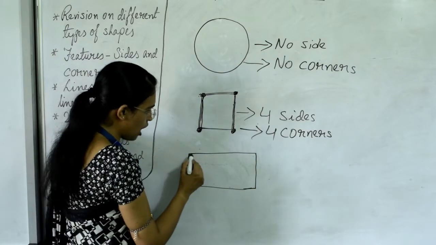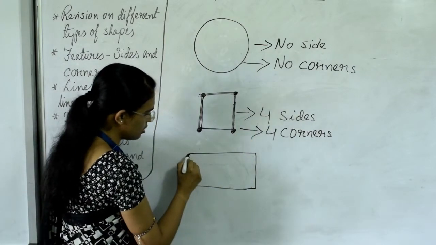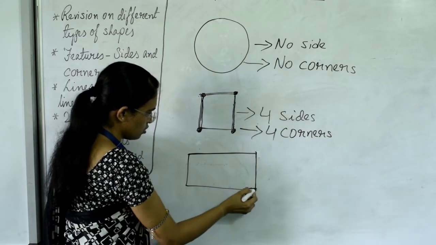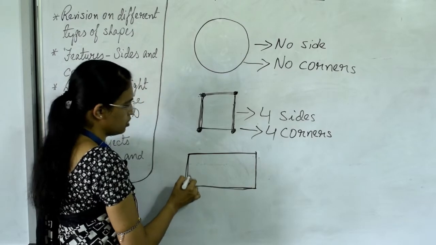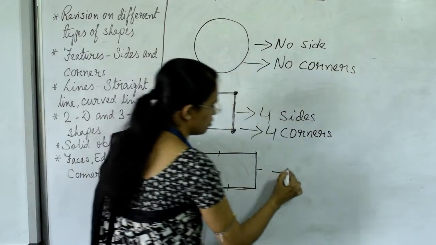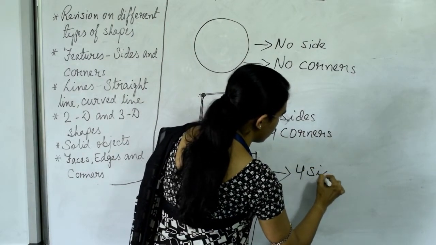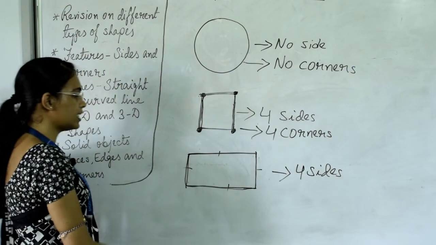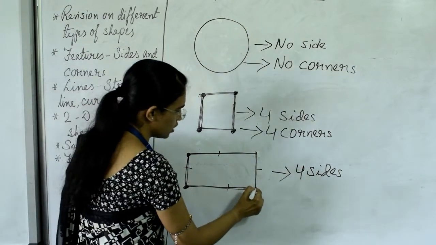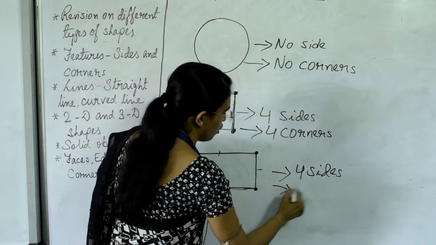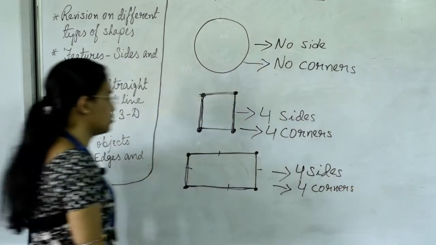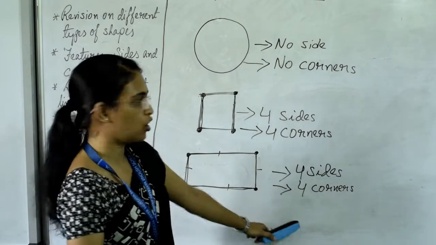How many sides does rectangle have? 1, 2, 3, 4. Rectangle has 4 sides. And how many corners? 1, 2, 3, 4. So rectangle also has 4 sides and 4 corners.